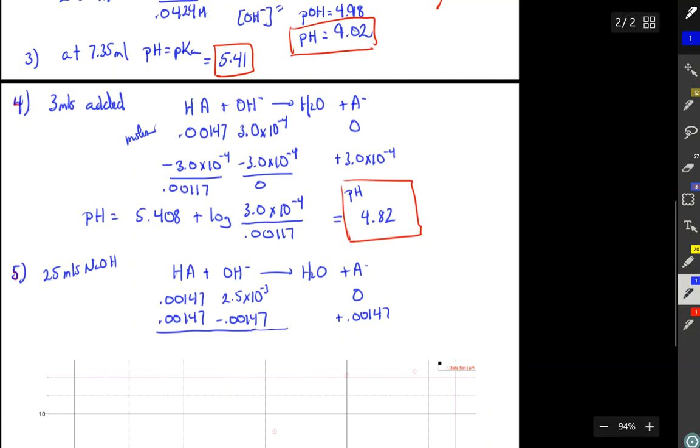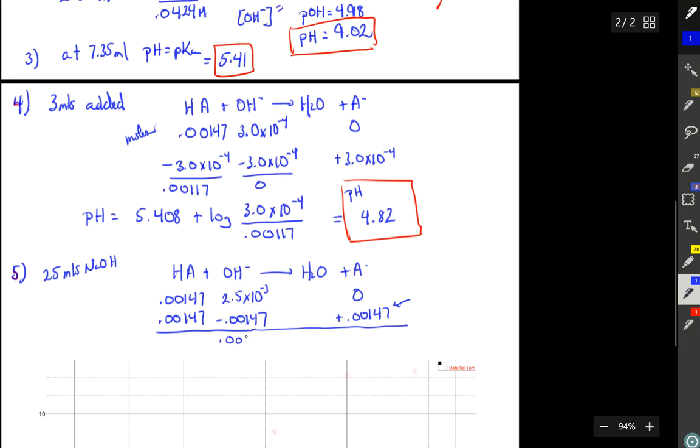So in the end, this is what I have. Now, that A minus guy right here is a base and does add to the overall basicity of this solution. But really, this is what's going to make the difference.